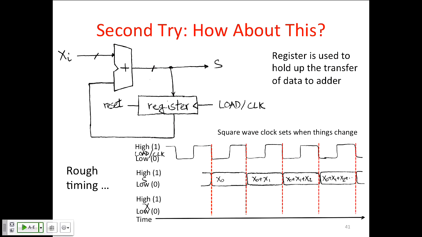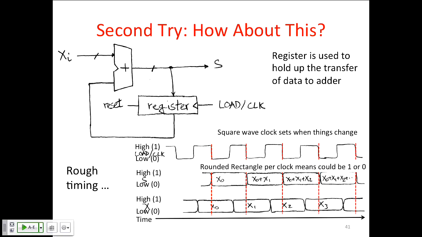So here I'm showing the value on the output. We want this output, on each clock edge, to change to x0, x0 plus x1, x1, x0 through xn. Only on these edges. And so we're going to feed in x0, which has to come in a little bit before this. So x0 has to come in, be added to the previous value in this register, and then we clock this register and update it with the next one.